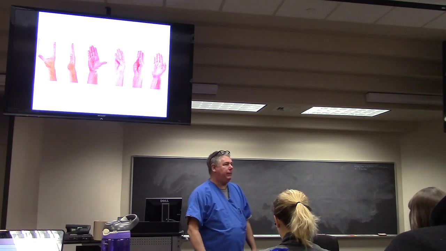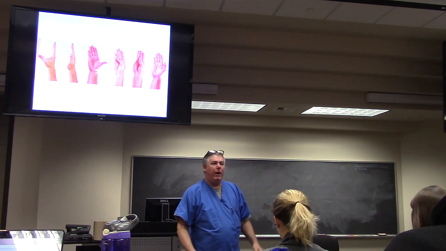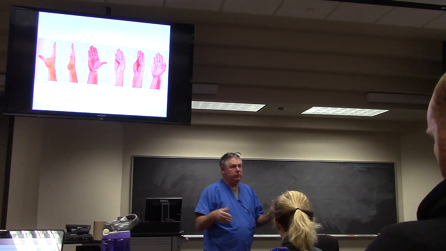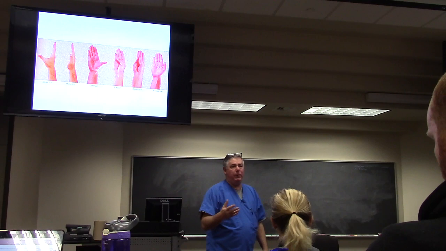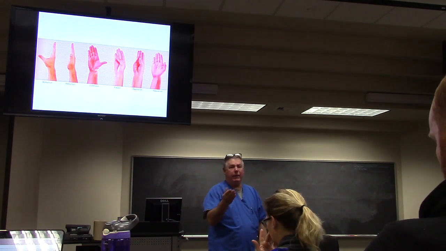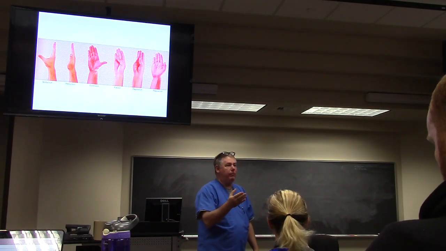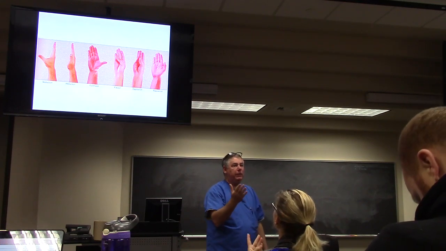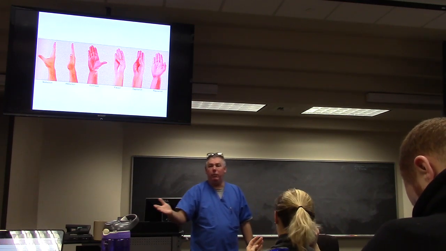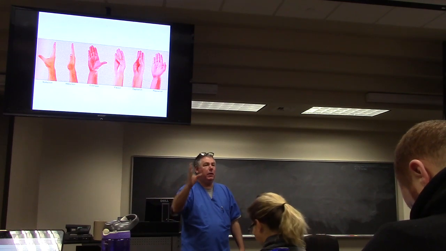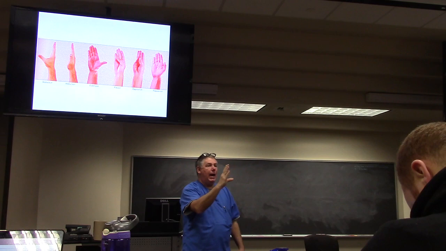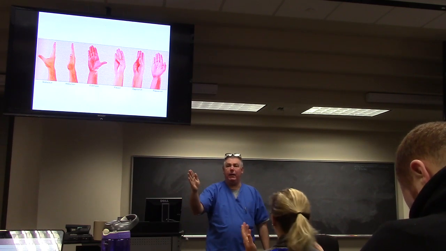Special thing about the thumb, when we talk about range of motion, we all know flexion, extension, abduction, adduction, circumduction, that sort of thing. The thumb is a little unique in that it really does a whole bizarre range of motion. So this illustration up here just gives you the different movements of the thumb. Abduction is out of the plane of the palm, like that. Adduction is you bring it back.